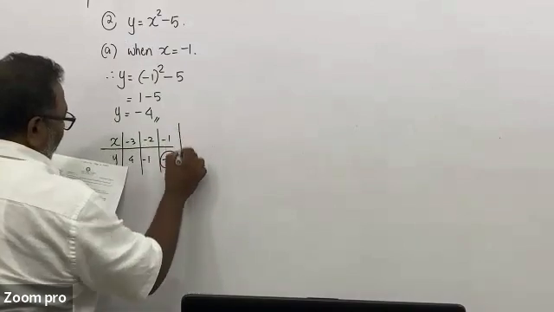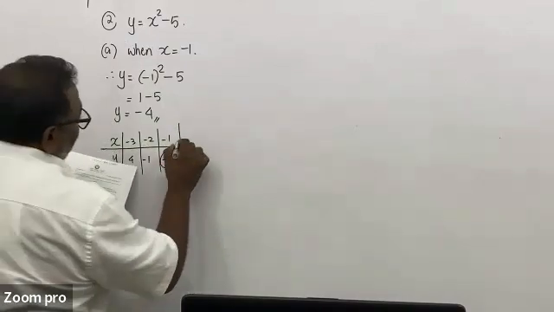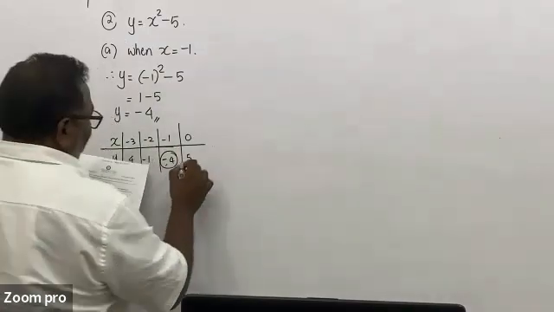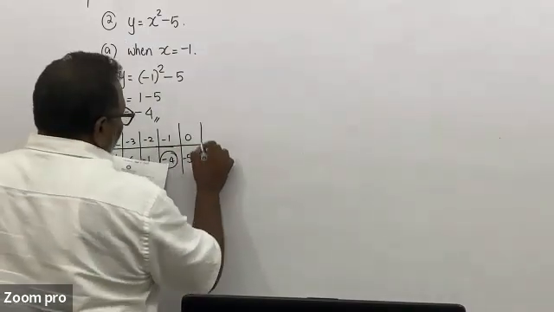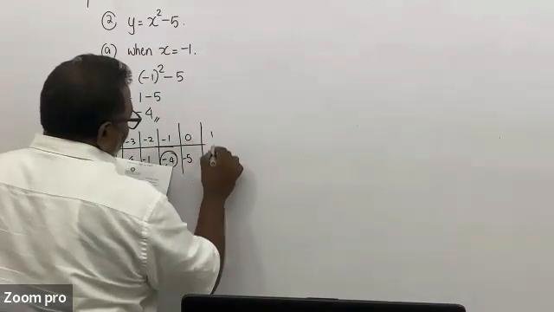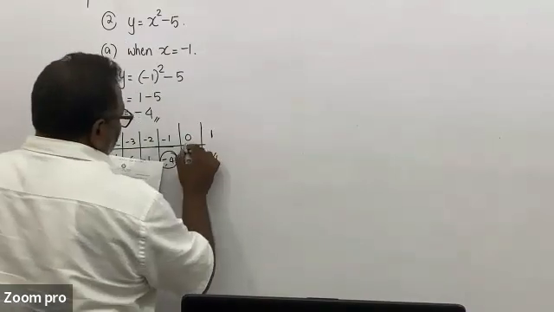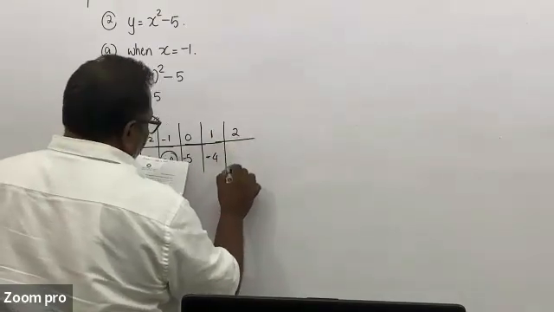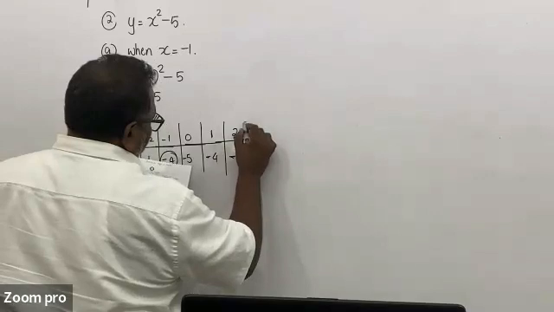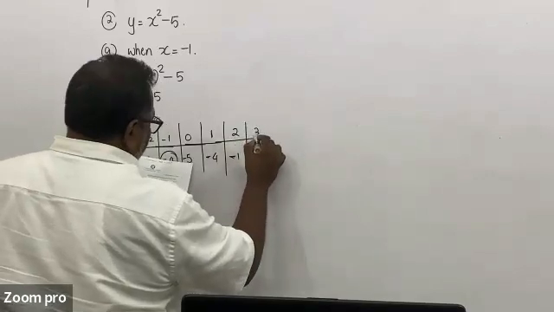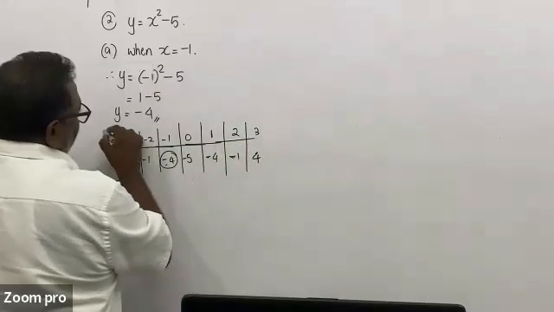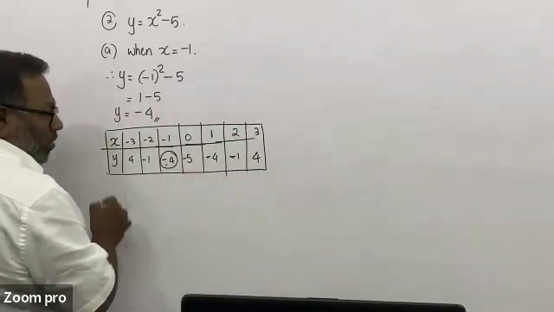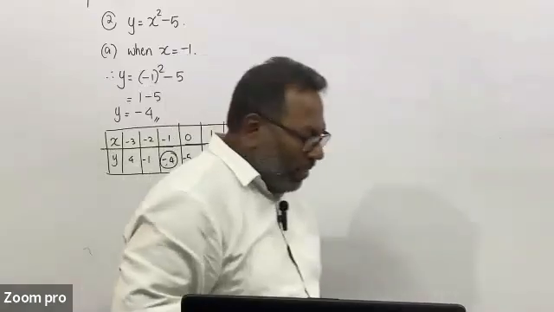I'm just going to put a circle for the fill in the blank. 0, minus 5; 1, minus 4; 2, minus 1; and 3, plus 4. So that is your table.